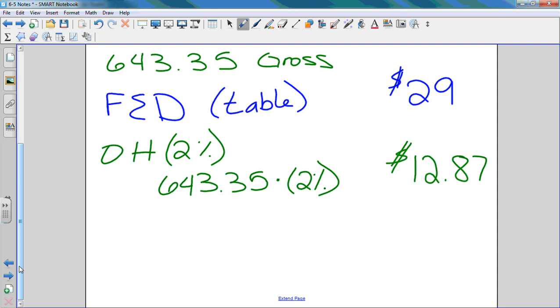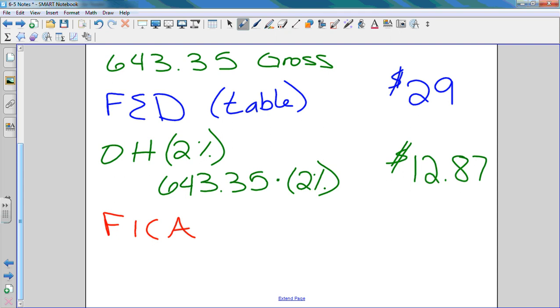Good. After state, usually comes Social Security, and on your pay stub it says SS or FICA, the Federal Insurance Contributions Act. How do I find the FICA? What's the FICA rate? Right now it's 4.2, but usually it's 6.2.